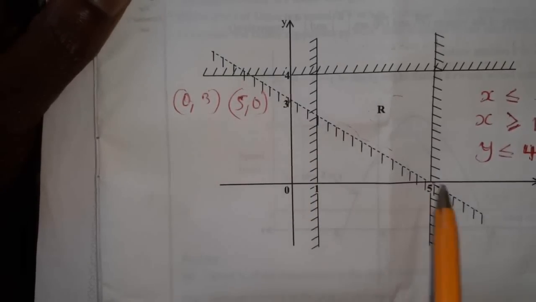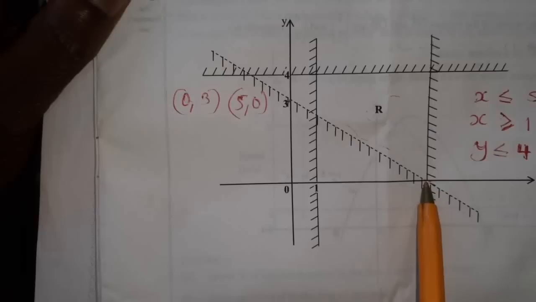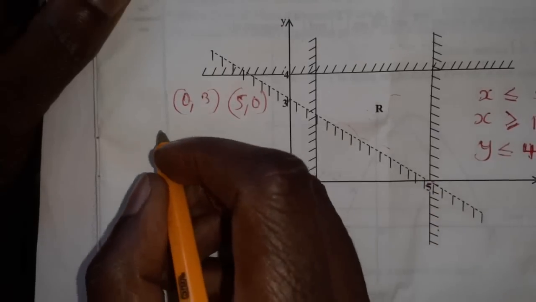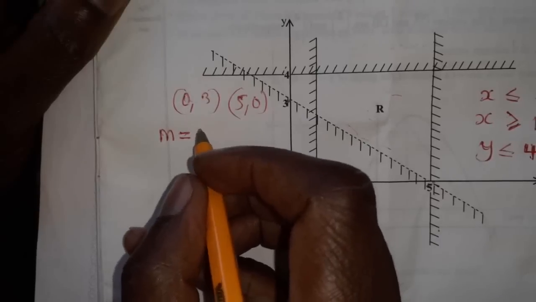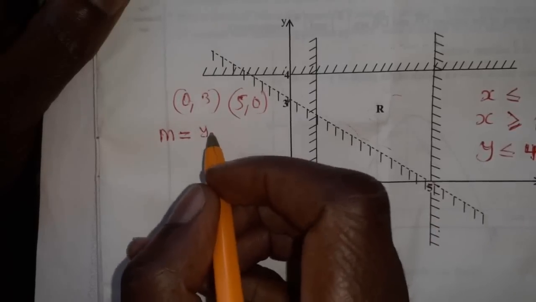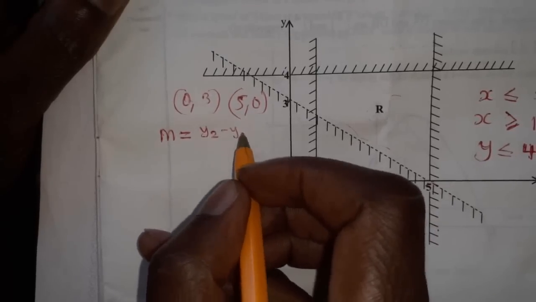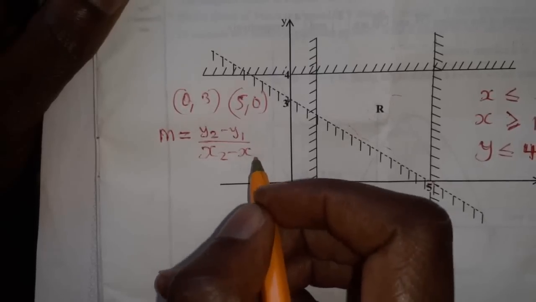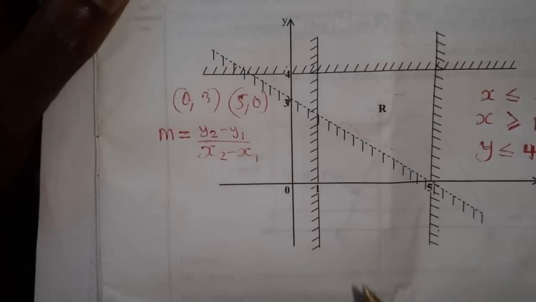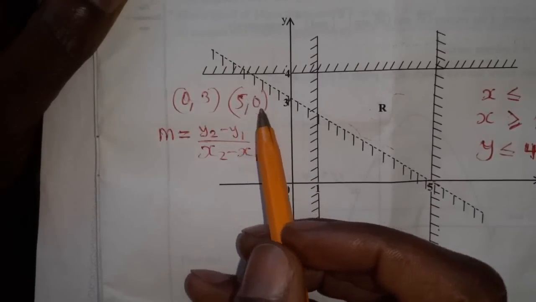0, 3 here, and this point is 5, 0. So as you may know, to write the equation, we need the gradient. And the gradient is y2 minus y1 over x2 minus x1. So we can take this one.